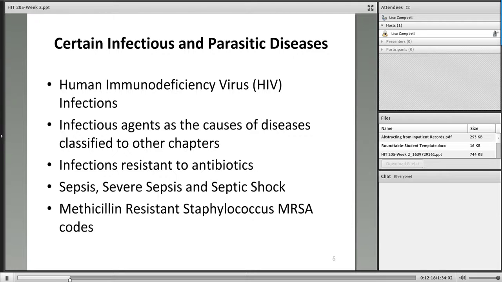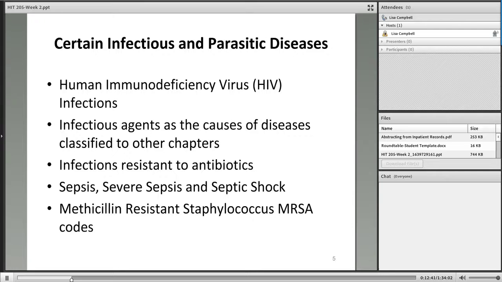The reason I bring that up is that for HIV infections, HIV AIDS, there are some important things you need to know, such as the different types of conditions that a patient with HIV is more susceptible to having.